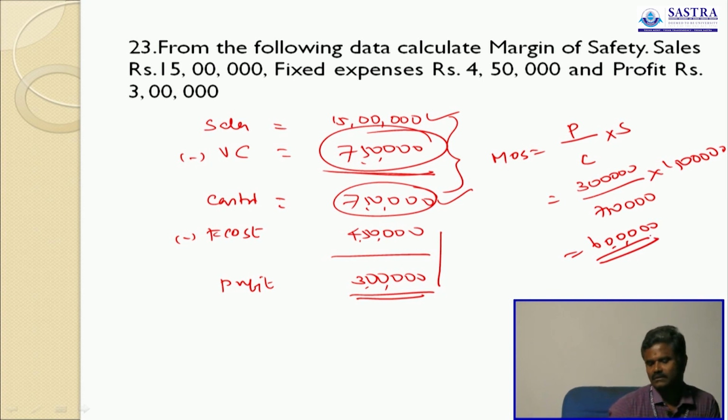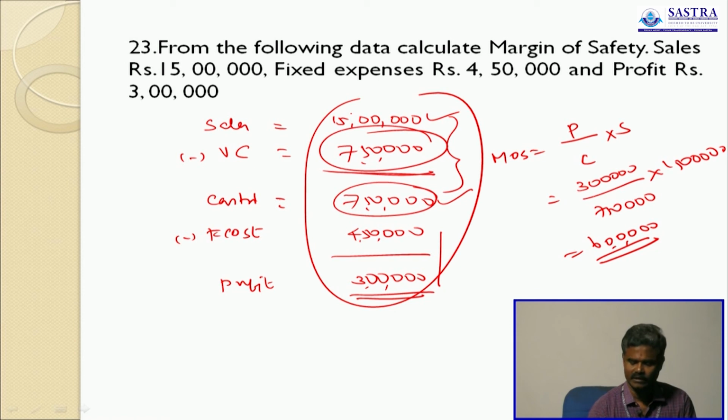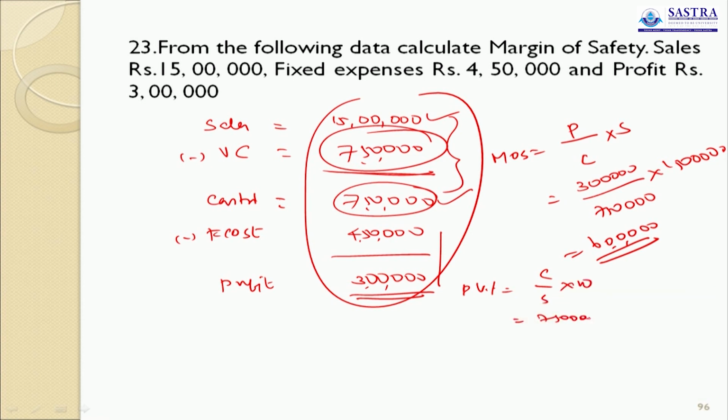Or you can choose another way. Based on this information you calculate PV ratio. PV ratio is contribution to sales into 100: contribution 7,50,000, sales 15 lakh, into 100, that equals 50%.